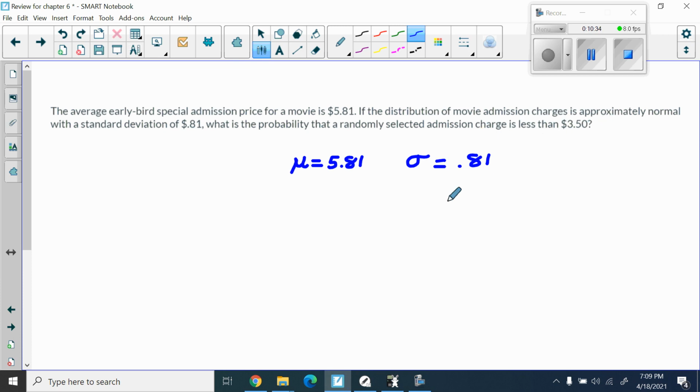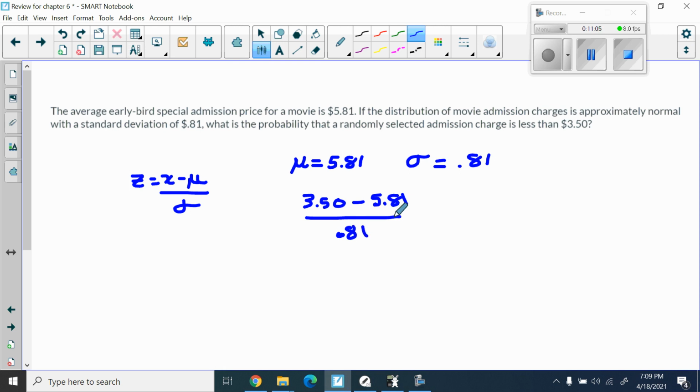So the first thing we're going to do is get the z-score for 3.50, and we're going to find the area to the left of it. So remember, our z-score is our value minus the mean divided by the standard deviation. So that's 3.50 minus 5.81, and then I divide that by the standard deviation of 0.81.